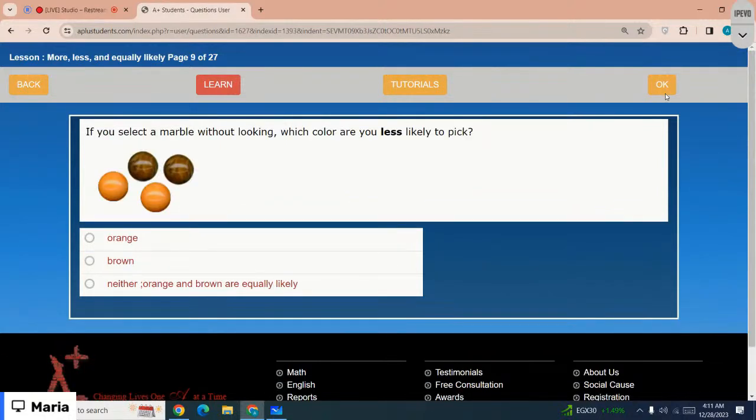If you select a marble without looking, which color are you less likely to pick? Which is the correct option?